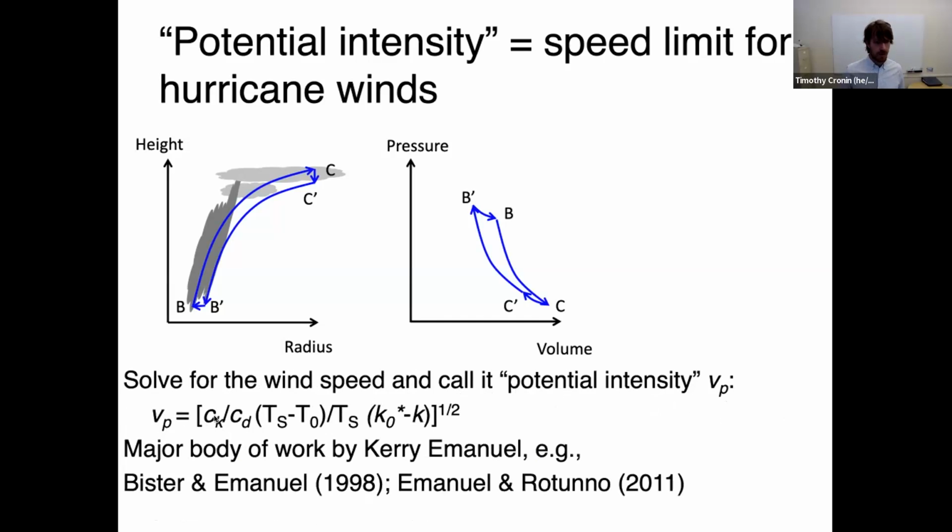And it's proportional to a ratio of exchange coefficients, this thermodynamic efficiency, and then a difference between a thermodynamic disequilibrium at the surface, all square rooted.